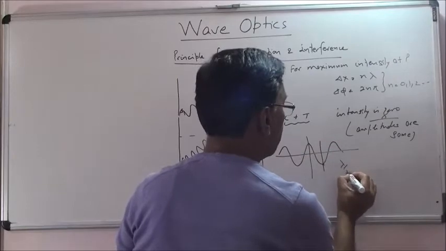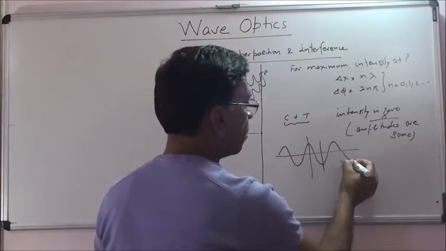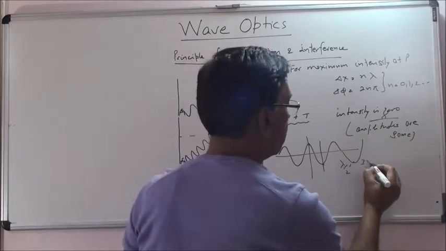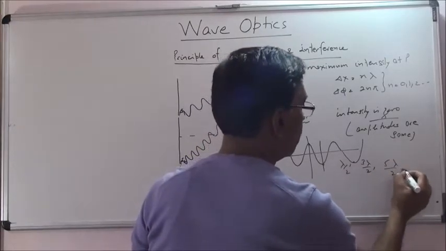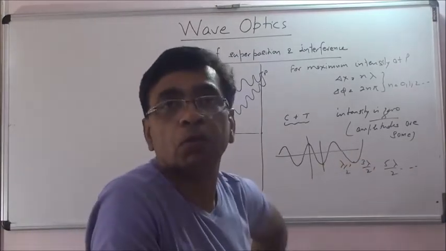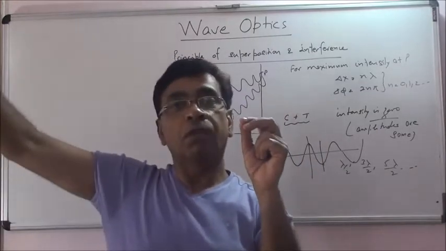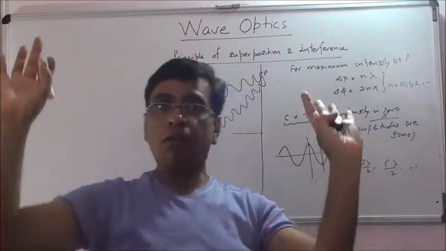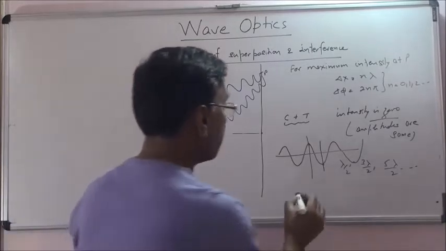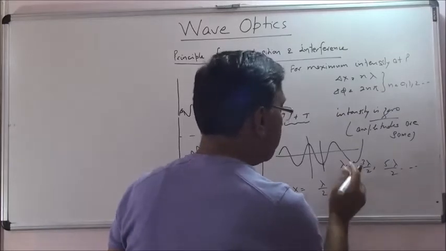It is lambda by 2, or the next one, 3 lambda by 2 or 5 lambda by 2. So whenever the path difference between the two is 3 lambda by 2 or 5 lambda by 2, the crest due to one will be on the trough due to the other. So the intensity will become 0, or it will be minimum if the amplitudes of the two waves are not the same. So I can say that the path difference is an odd multiple of lambda by 2.